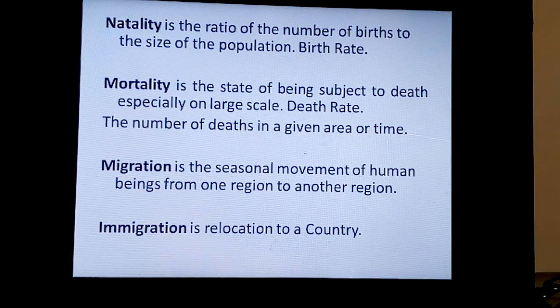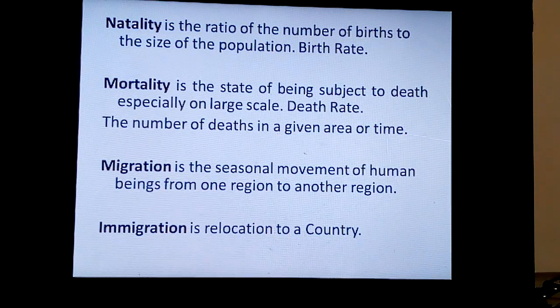Migration. Migration is the seasonal movement of human beings from one region to another region. Now you are seeing this. So many people as laborers came from North India to Karnataka. Yesterday I have seen in the news, they are all going back. So what have they done for living?